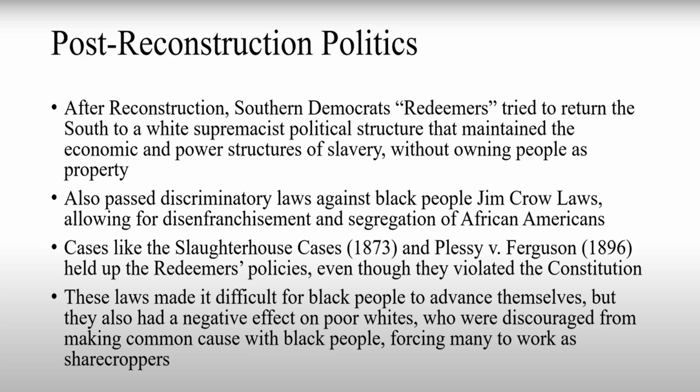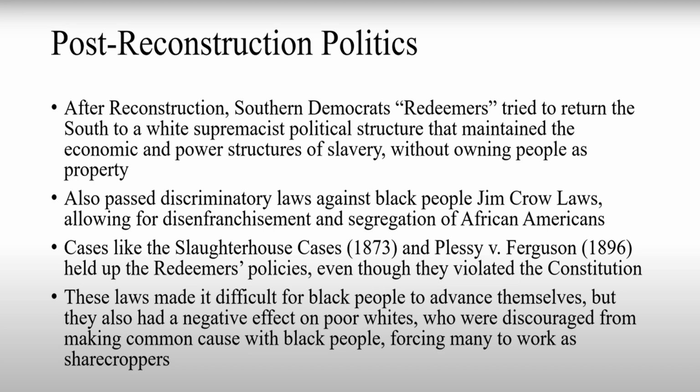So what's going on in the South? After the 1876 election, after the Rutherford B. Hayes, Samuel Tilden compromise that allows Hayes to become president, what's happening after the last U.S. troops are withdrawn from the South? Well, white Southern Democrats, who are called Redeemers, begin to take control of local and state politics. They suppress African Americans' right to vote. They get themselves elected.